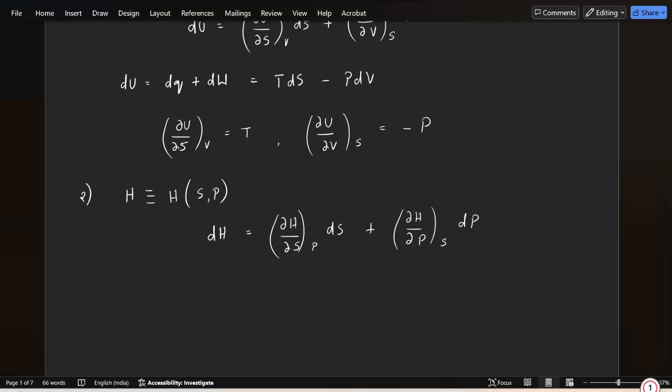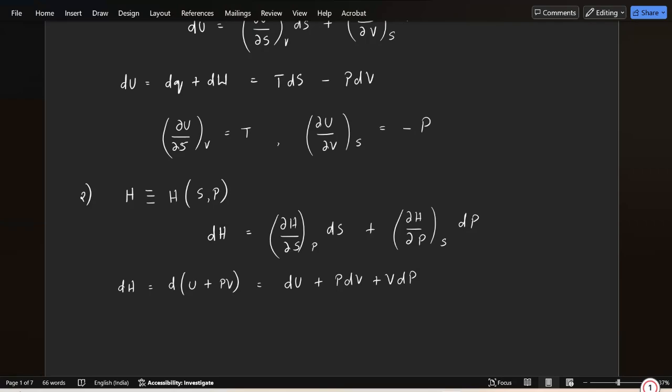Now dH, what is the formula for enthalpy? U plus PV, right? Correct. So dH is dU plus PdV plus VdP.